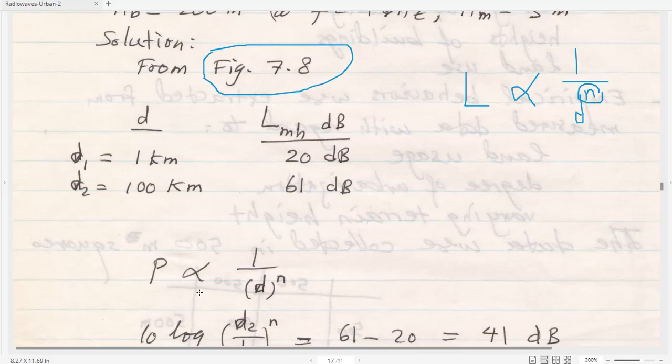The power is proportional to 1 over d to the power n, or the loss also, loss or power, same. The loss will decrease with the distance.